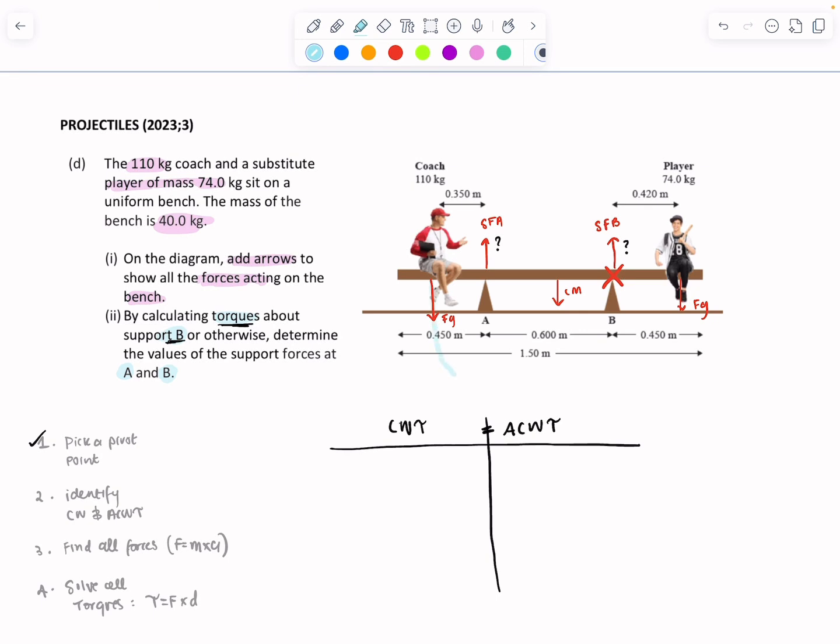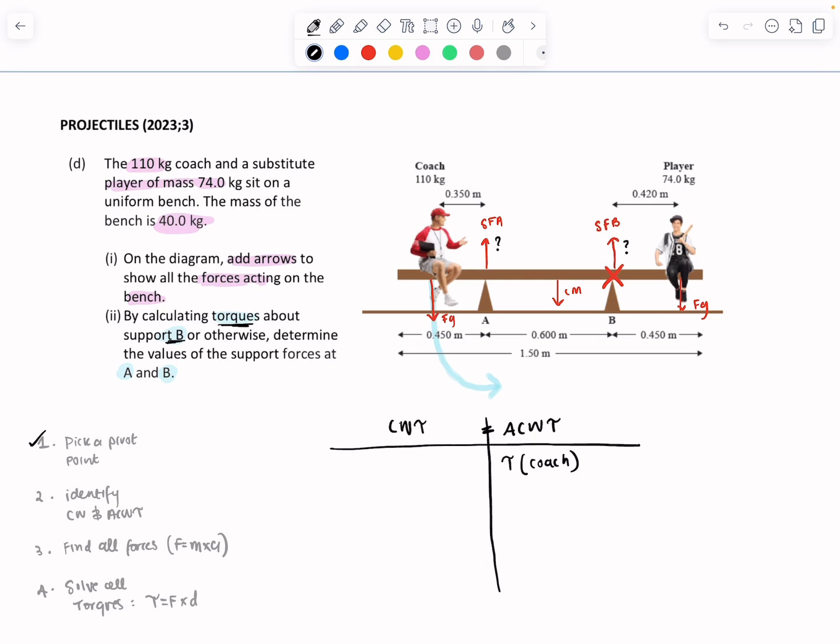If we continue on and follow along with this arrow, we can see that the torque would cause the plank to spin or turn in this direction. Is this anti-clockwise or clockwise? It is anti-clockwise, so we'll pop the torque of the coach on this side of our table.